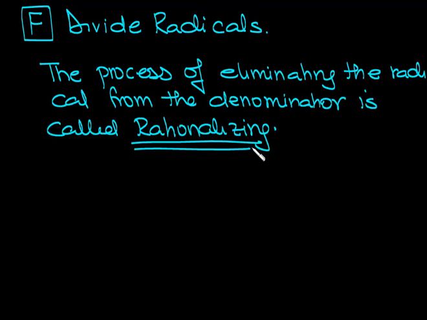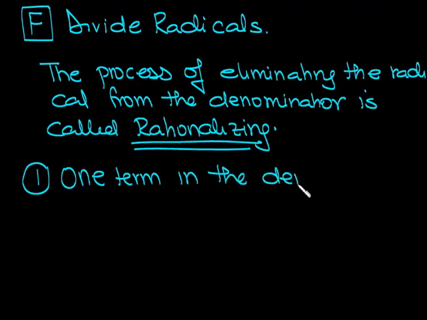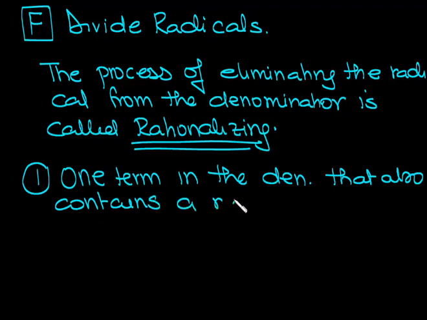Okay. So there are two ways we can rationalize depending upon how the problem is presented to us. The first method is when we have only one term in the denominator, and that one term also contains a radical.